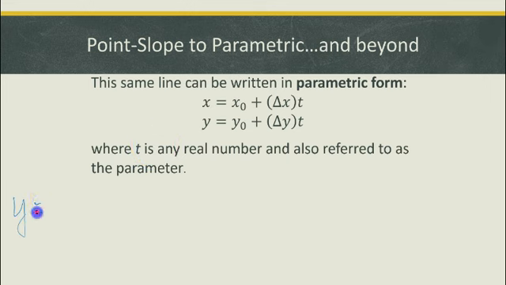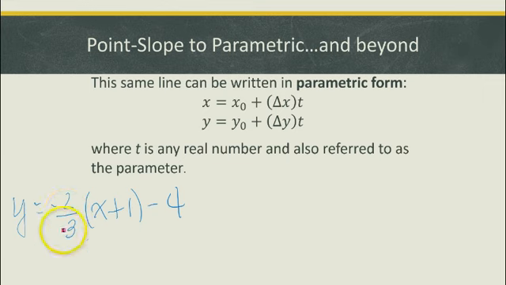So let's go ahead and look at the equation of the line y equals negative 2/3 times the quantity x plus 1, minus 4. In this form, we can identify x naught as negative 1. We can identify y naught as negative 4. We can identify delta y as negative 2 and delta x as 3.